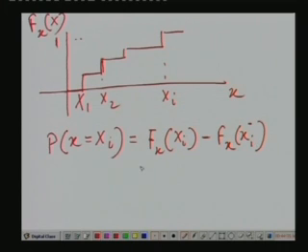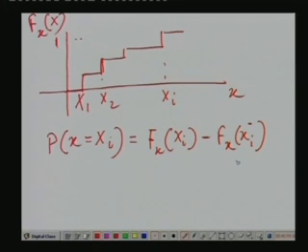Now, you see what is the meaning of this. F x x I means what, this is a distribution function, that means probability of x's taking value up to xi, that is either xi or any value up till this, that total probability is this. And what is this left limit? Left limit is nothing but the probability of this variable x taking value up till xi, but excluding xi.